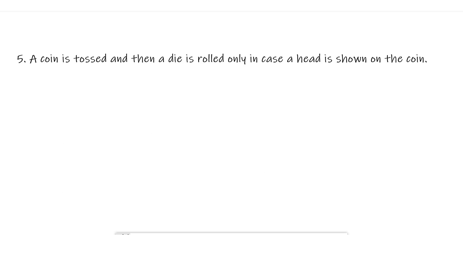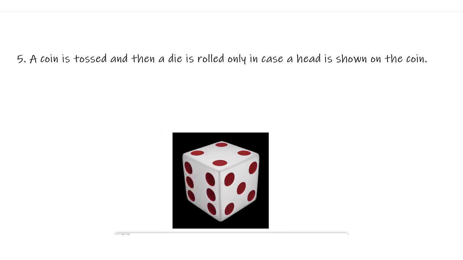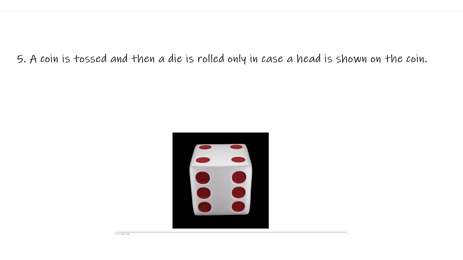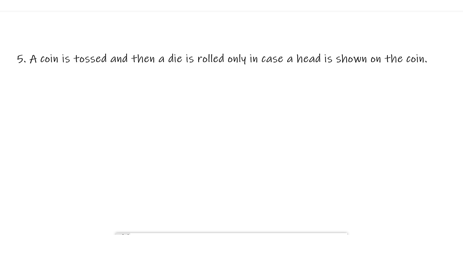Question 5. A coin is tossed and then a die is rolled only in case a head is shown on the coin. So our sample space in this case will be, when we toss a coin, there will be 2 outcomes, a tail and a head.